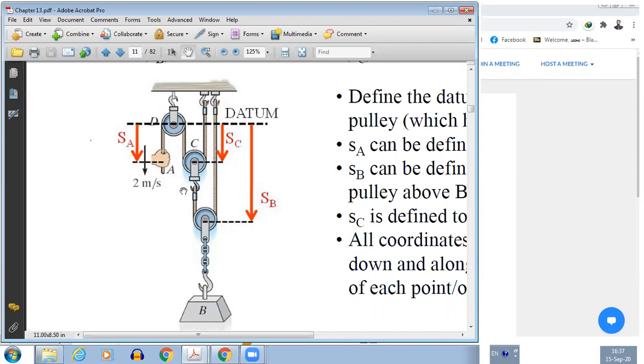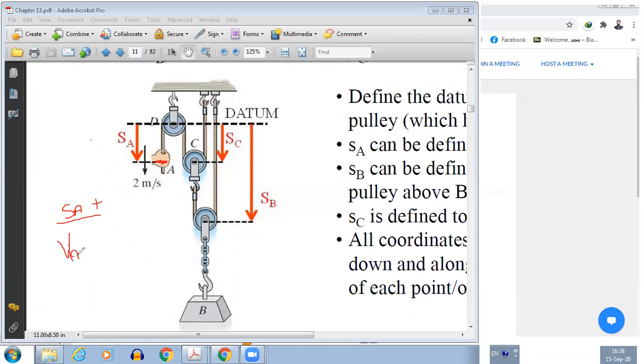So let me start writing the equation for one of the ropes. Let's say we start from this end. So it will be SA plus SC and then again plus SC. So it will be plus 2SC, or let me write directly in the velocity format: VA plus 2VC is equal to 0.